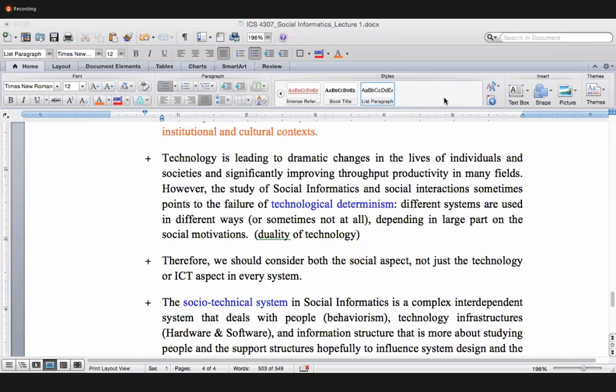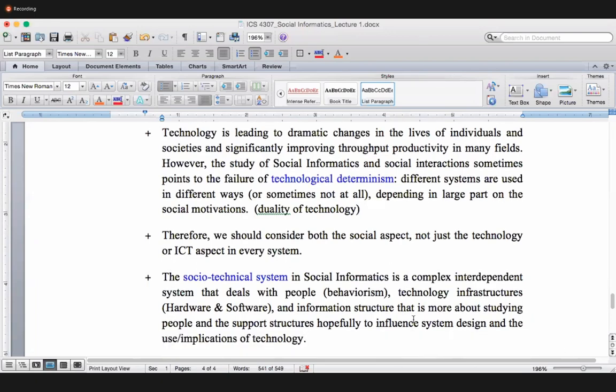The information structure itself becomes a very complex thing, and hence many would say that a socio-technical system, or socio-informatics, is a complex undertaking. But it's doable, because if you are building a good system, then it must reach this.